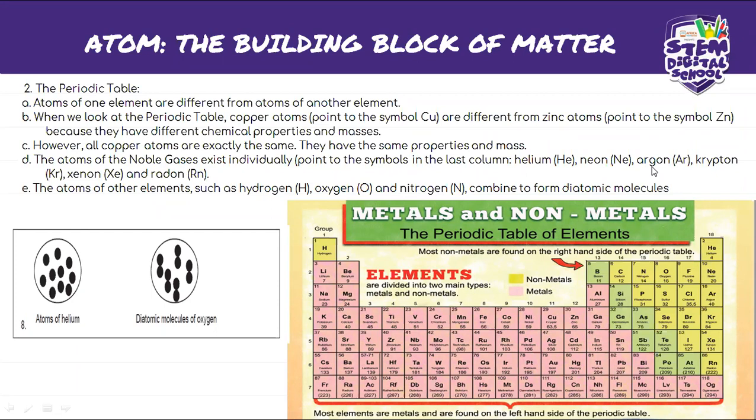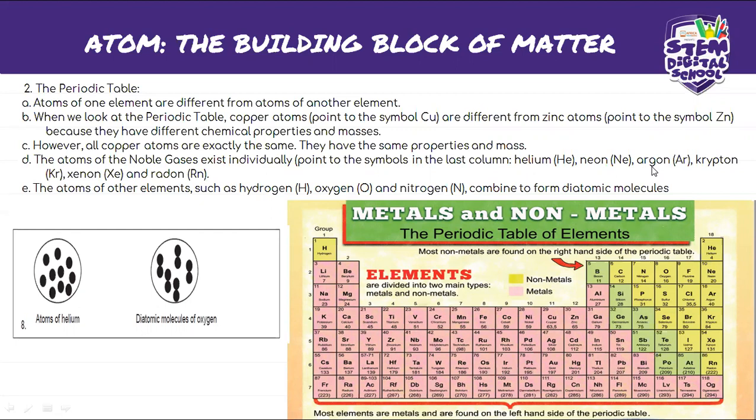So examples of the halogens are helium, neon, argon, krypton, xenon, and radon. Examples of noble gases are the same: helium, neon, argon, krypton, xenon, and radon. Okay, now let's move on.